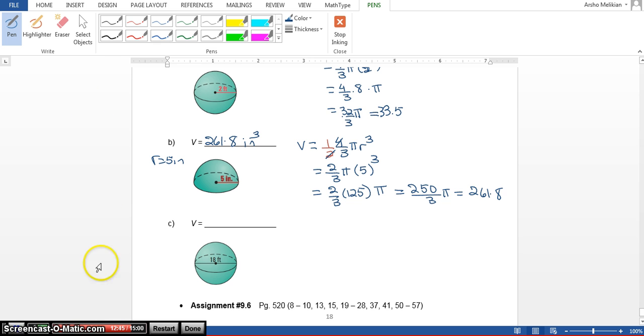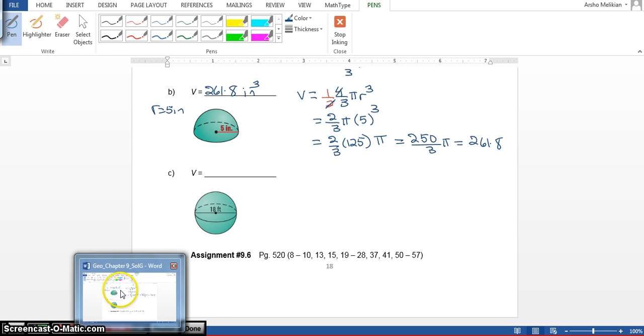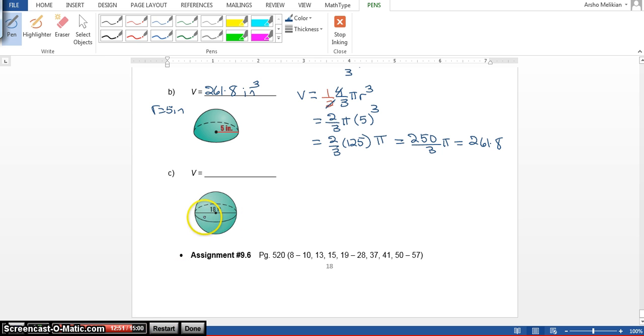In the case of the last one, you're given the diameter, which is 18 feet. That means the radius is 9 feet. The volume of the sphere is going to be 4/3 pi r cubed. So 4/3 pi, 9 cubed.